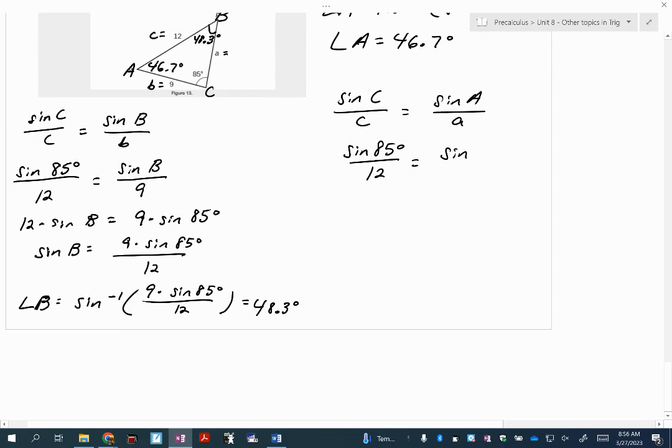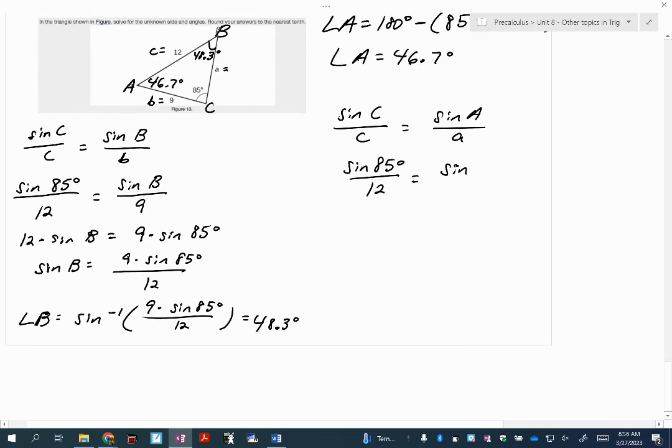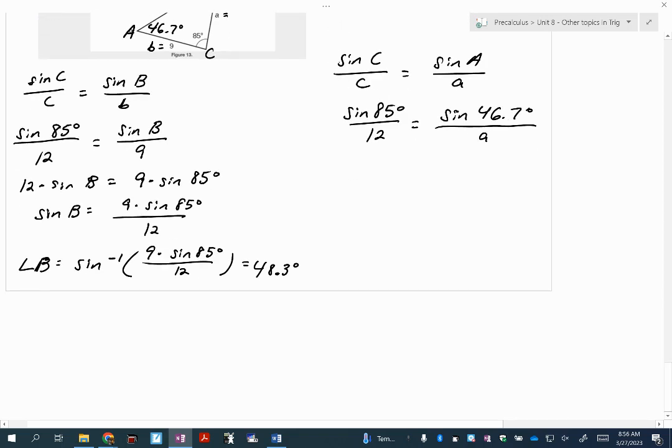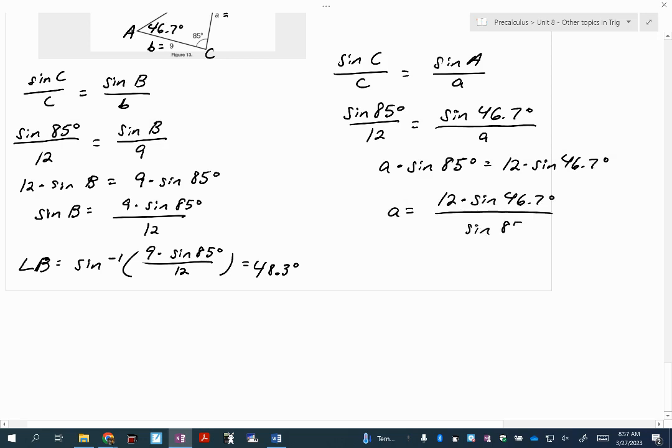Again, I know it's unavoidable here, but try your best not to use rounded values if you don't have to. In this case, I did have to use a rounded value for that angle A. So I cross multiply. A times the sine of 85 degrees equals 12 times the sine of 46.7 degrees, and divide by that sine of 85 degrees, and then we will be all finished.